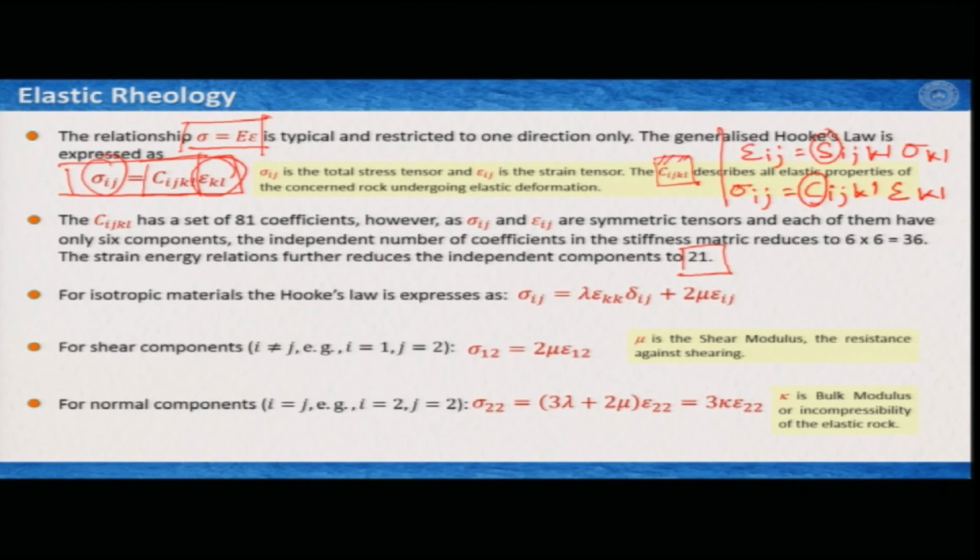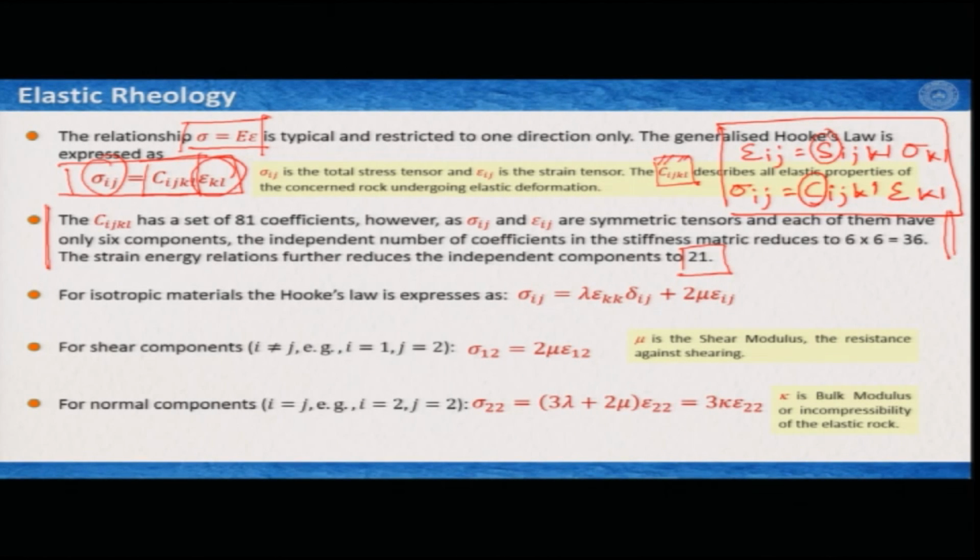This is something that you may note. Now, how there were 81 coefficients, then out of that we get 36, and then using strain energy we can get 21 independent coefficients, you may not have to go into the detailed derivations of this, but at this stage it is important that you know that from 81 you can reduce the independent coefficients to 21.